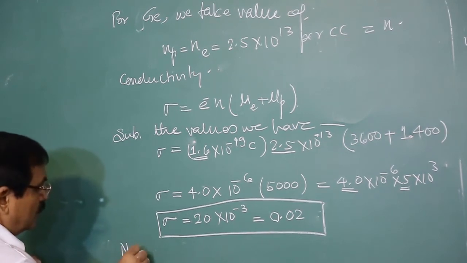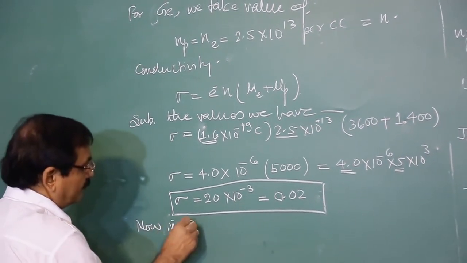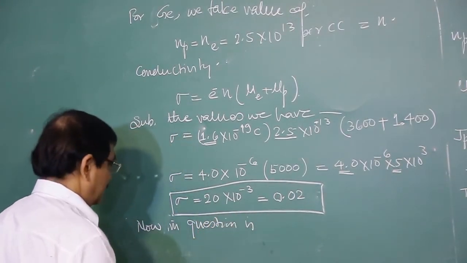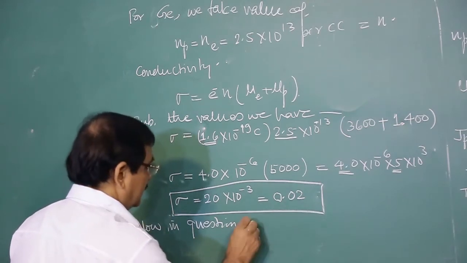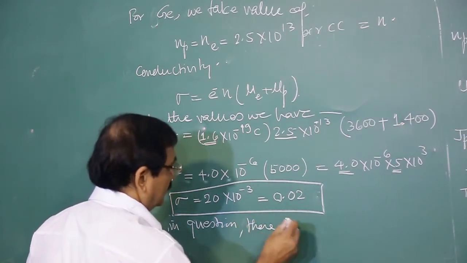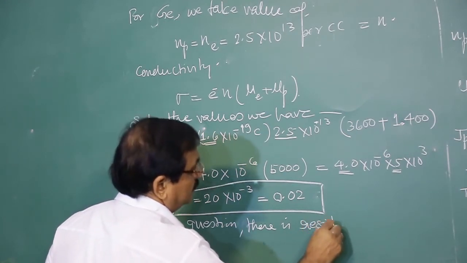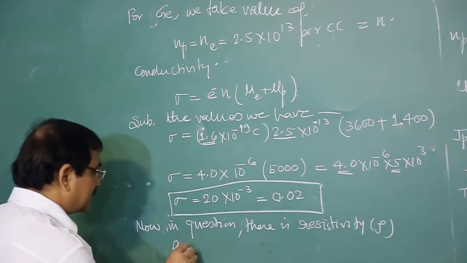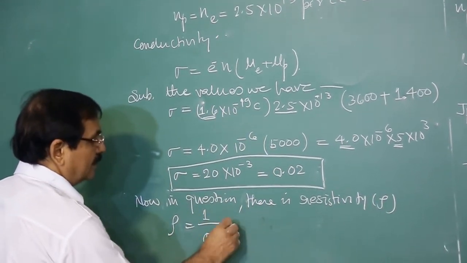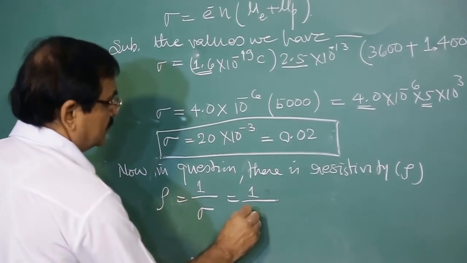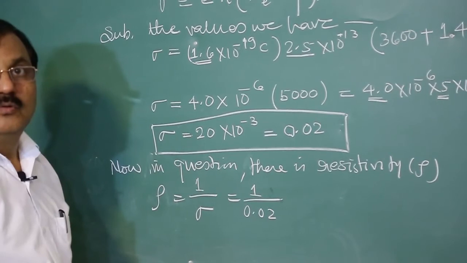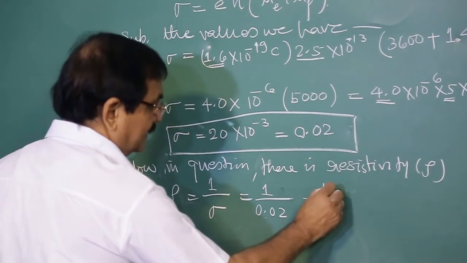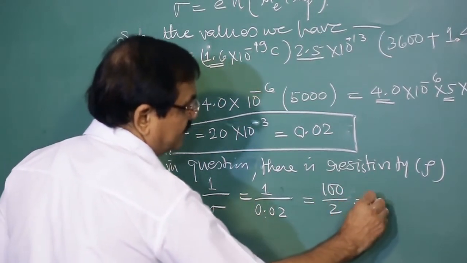Now, in the question there is resistivity. Resistivity is 1 upon conductivity, that is 1 upon 0.02. 1 upon 0.02 is nothing but 100 by 2, which is 50.